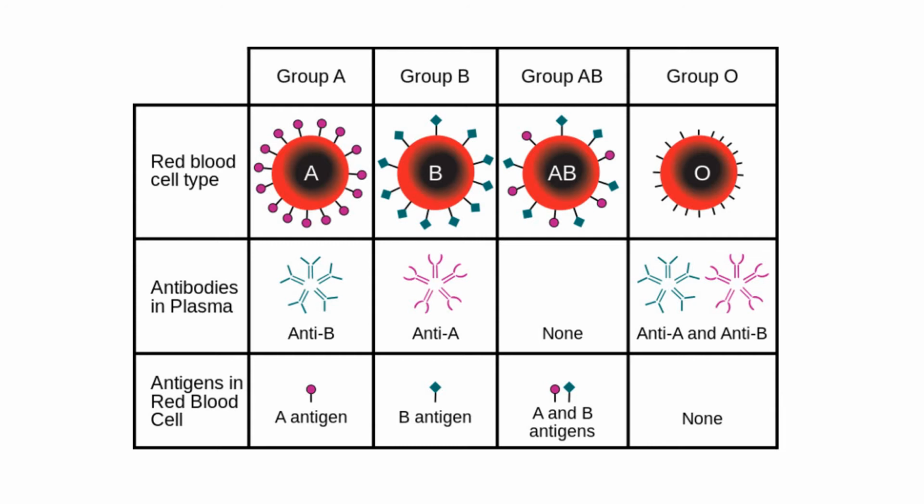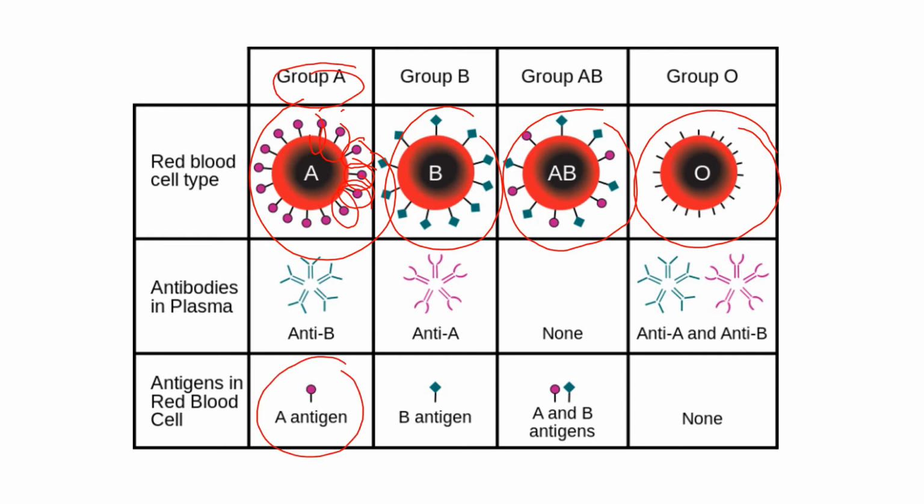So in your group types, A, B, AB, or group O, you can see here we have our red blood cells, and outside of the red blood cells are our little antigens. Blood type group A has A antigens, represented by little red pins.